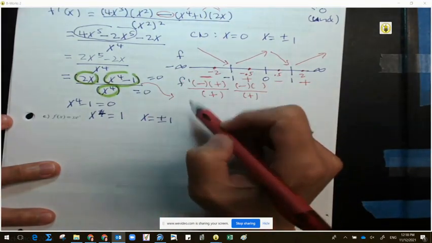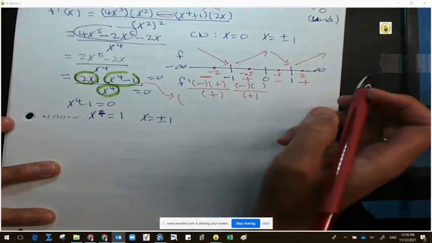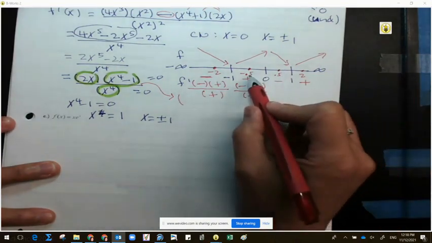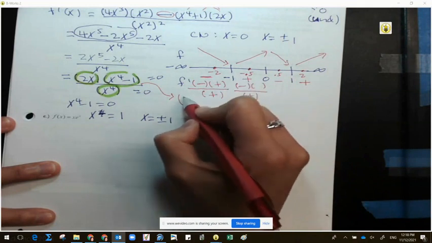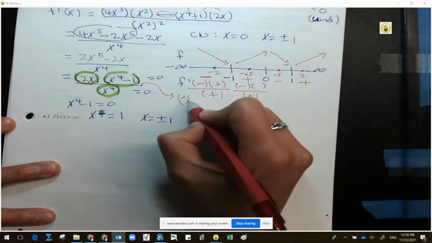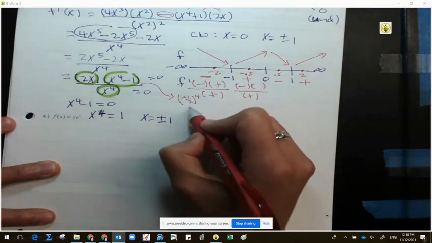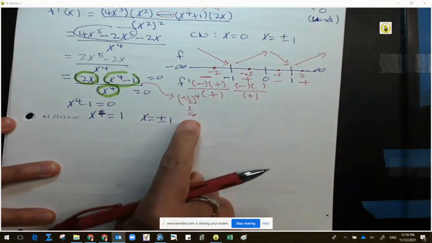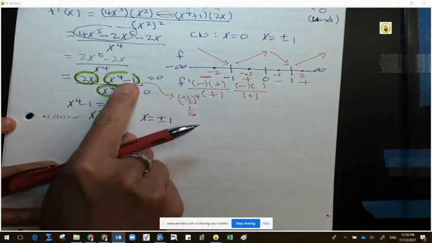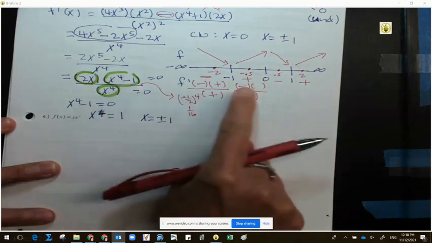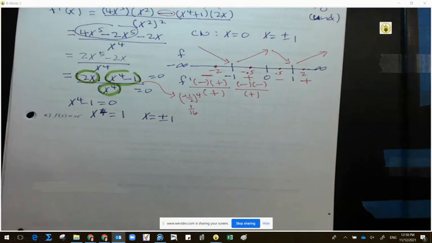Are y'all ready? It could be double negative. Yep. When I plug in -0.5, that's really -1/2, right? To the power of 4. -1/2 to the power of 4 is 1/16. 1/16 minus the 1, really you're subtracting 16/16, is still negative. So there we have a positive.